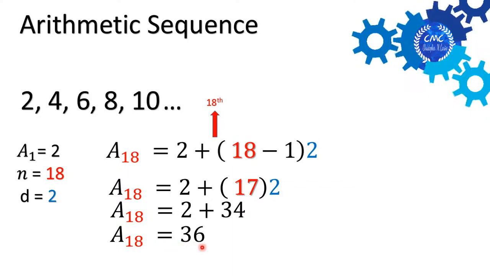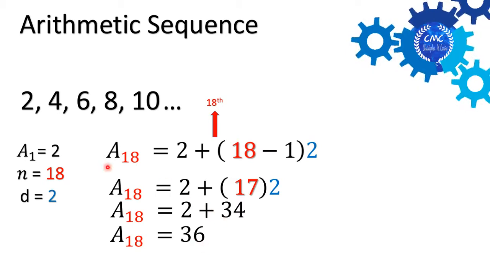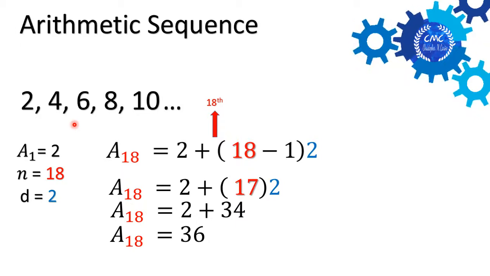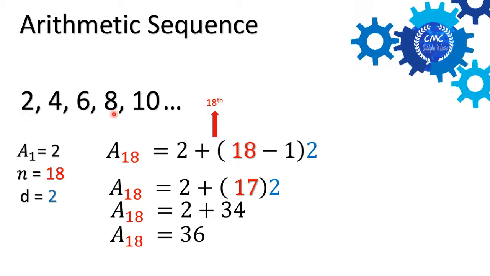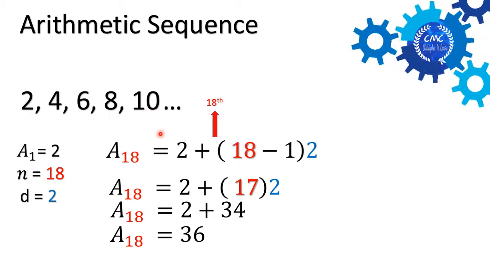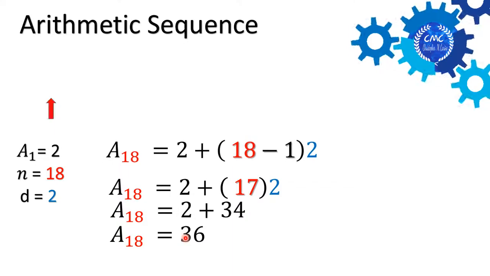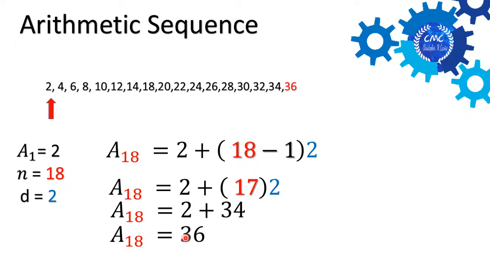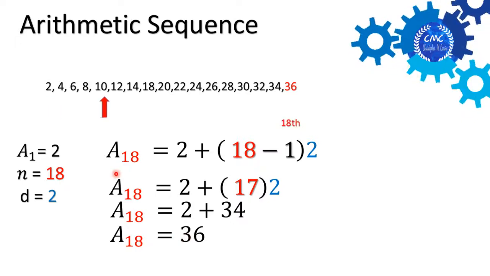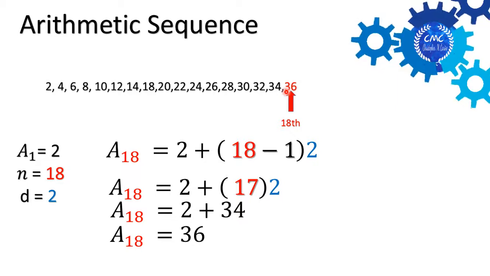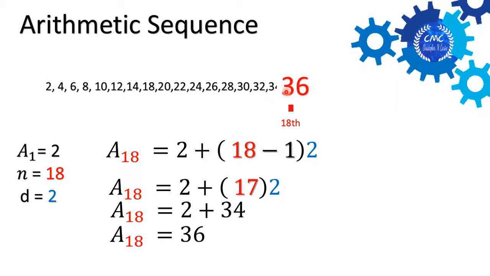So the 18th term of this arithmetic sequence given by the terms 2, 4, 6, 8, and 10 is 36, because if we count from 1 to 18, it will give us the 18th term of 36.